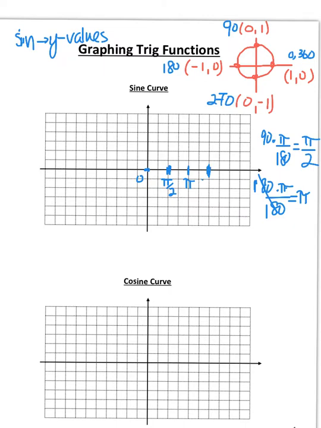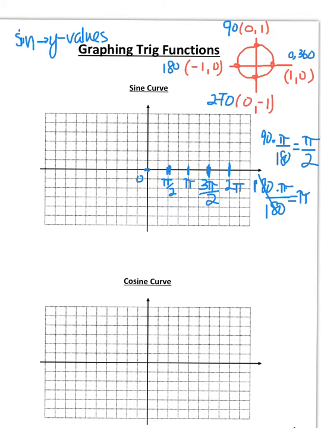Okay, so you should have ended up with 3 pi over 2 for 270 degrees. And then if we rotate again another 90 degrees from 270 all the way around counterclockwise, we'll end up at 360. And you can do the same thing, figure out the radian equivalent to that. And that ends up being 2 pi.